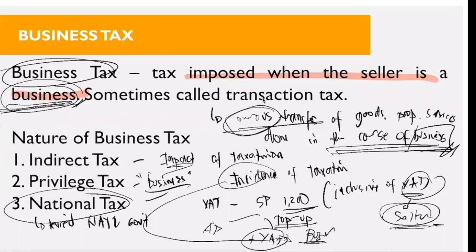So take note, one important thing you need to consider in your business tax is whether or not that particular transfer is made in the course of business. Because if it is not made in the course of business, we should not tax it as a business tax. But if it is made in the course of business, then we tax it as a business tax.